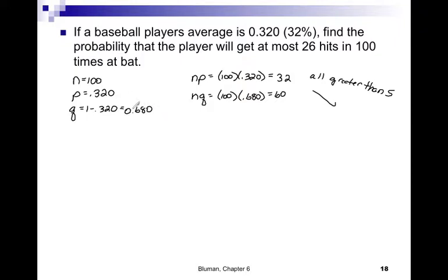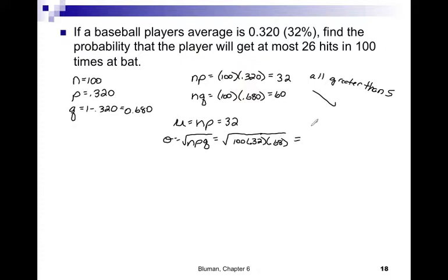Okay, so we've done step 1. Step 2, we have to find the mean. Mu is N times P, which we've really already done, and that's 32. And our sigma is the square root of N times P times Q, which is the square root of 100 times 0.32 times 0.68.